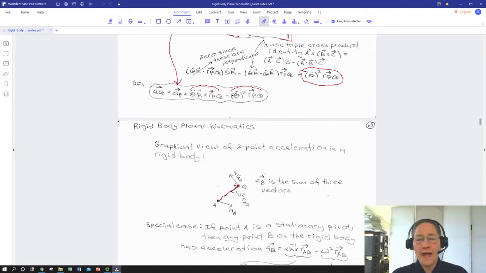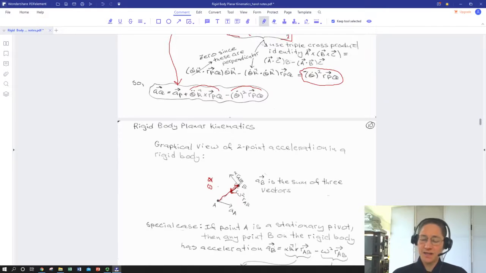We know that this term is oriented along the same line, but it's going the other way. So our omega squared RAB is actually pointing from B back towards A. And we know that, of course, our alpha and omega are kind of pointing. You can use a dot or a cross to show that it's pointing into or out of the screen.